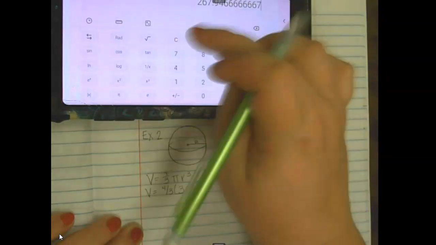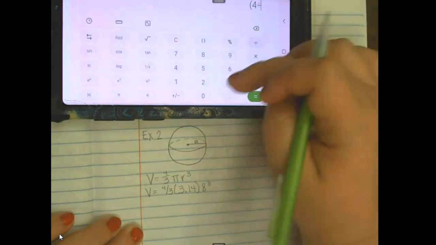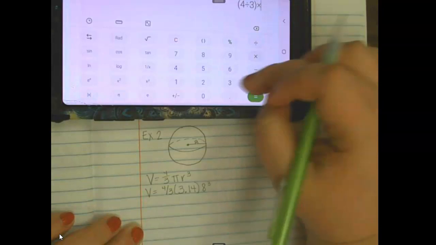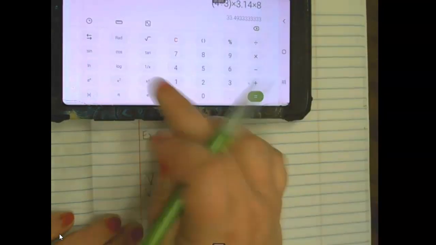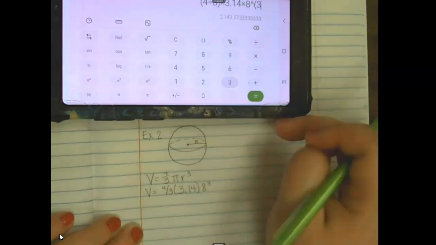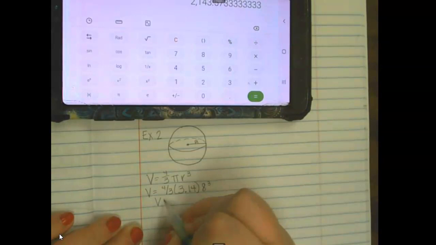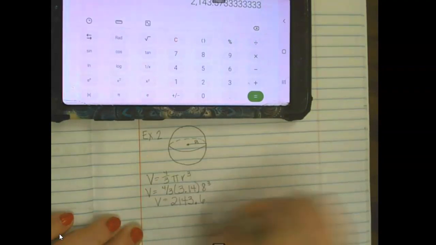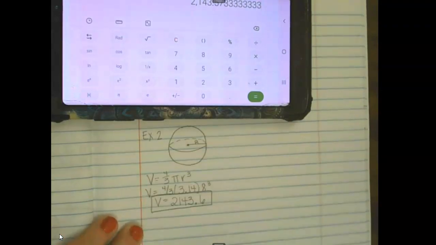Parentheses 4 divided by 3, times 3.14, times 8. I'm going to use the x to the y to get my 3. Close my parentheses, and I get a volume of 2,143.6. All right, let's look at example 3.